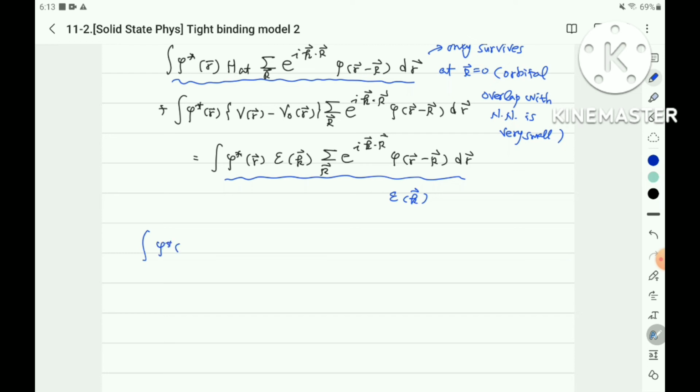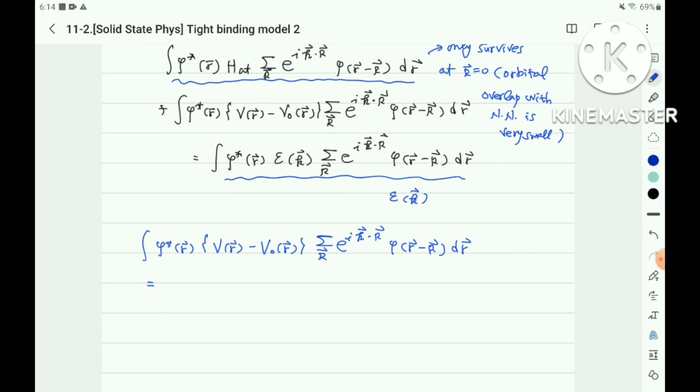phi star r (V(r) minus V0(r)) summation over R, exponential i k dot R, phi(r minus R) dr. This is a potential term that should be calculated, and we should calculate the on-site interaction and the nearest neighbor interaction.